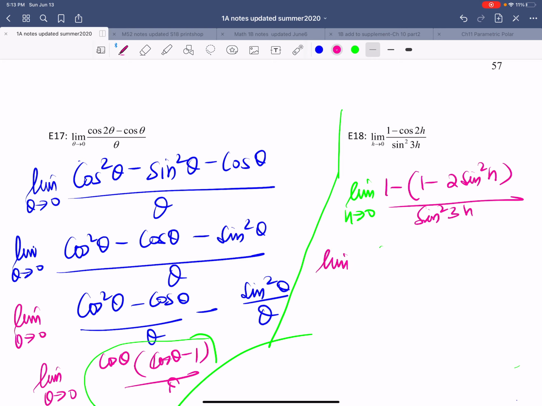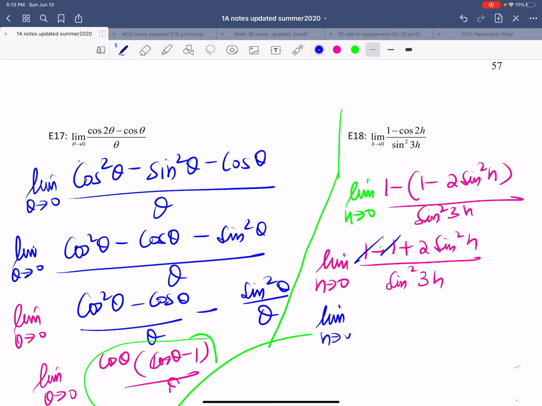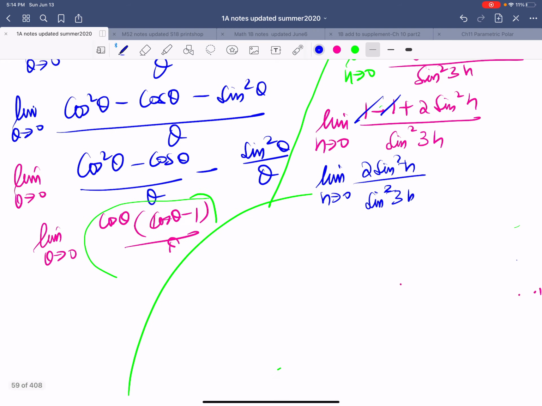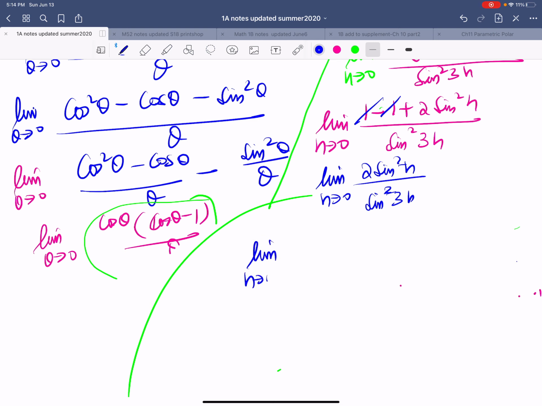Now we can see the negative 1 and positive 1 is gone, and this is going to be the limit as h approaches 0 of 2 sine square h divided by sine square 3h. Now we can isolate the limit as h approaches 0. I can pull the 2 out. Sine h times sine h over sine 3h times sine 3h.